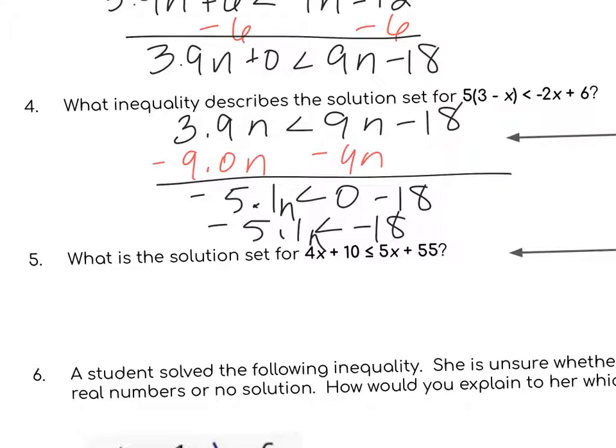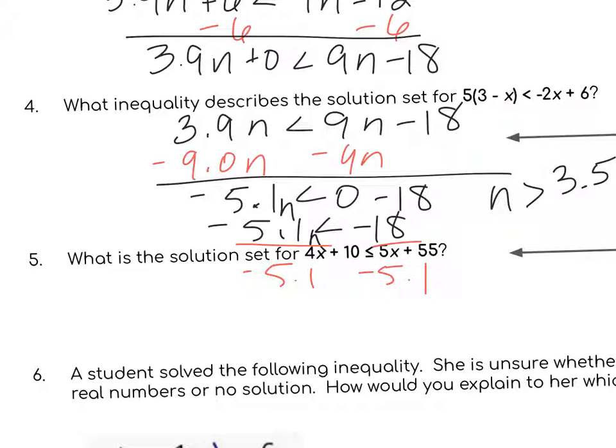N, that is. Okay, and then the last step is division, and I did it by hand, but you have calculators. So you should get something like n is greater than, whatever, 18 divided by 5.1 is like about 3.5 something or another.